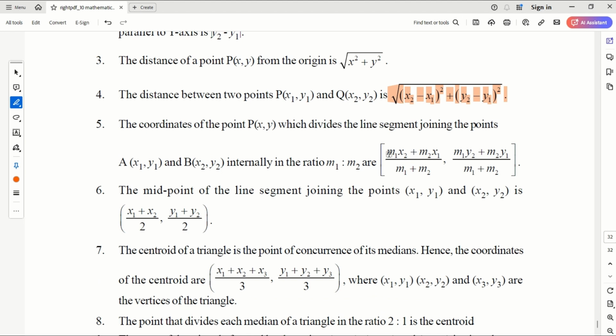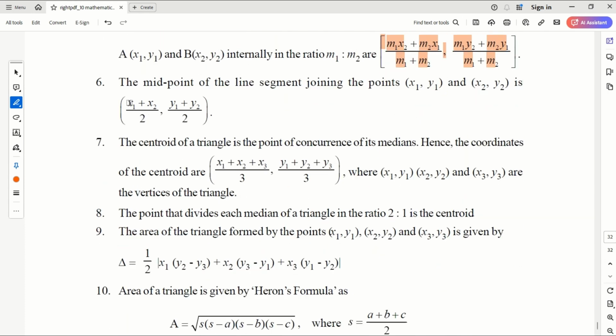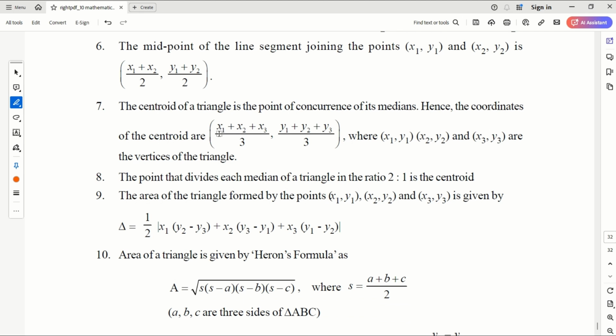If a point is dividing x1 y1 and x2 y2 in m1 is to m2 ratio, this is the coordinates of that point which divides. If it is the midpoint, obviously it is simple because it is 1 is to 1 ratio. And this is the centroid of the triangle. If the triangle is formed with x1 y1, x2 y2 and x3 y3, then this is the formula for the centroid.